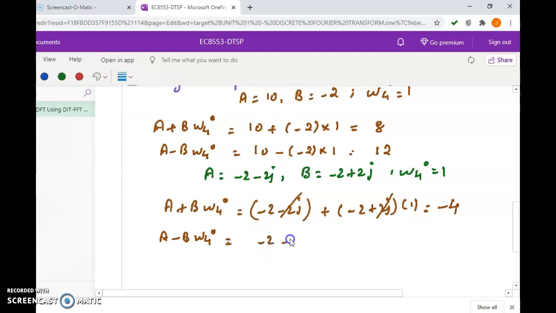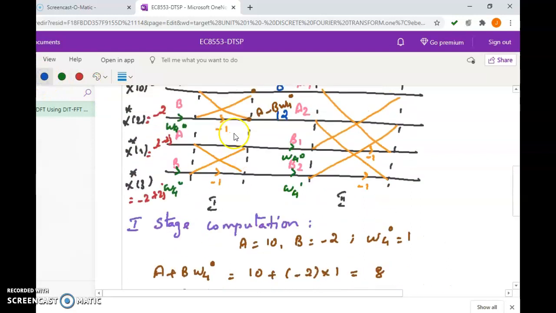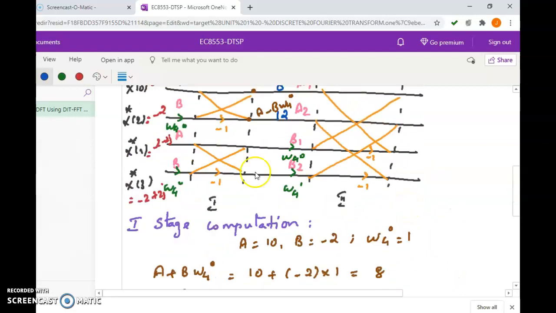So -2 minus 2j minus of -2 plus 2j into 1. So here -2j minus 2j is -4j, and -2 plus 2 cancel out. So -4 and -4j is the answer. -4 minus 4j is the first stage output.